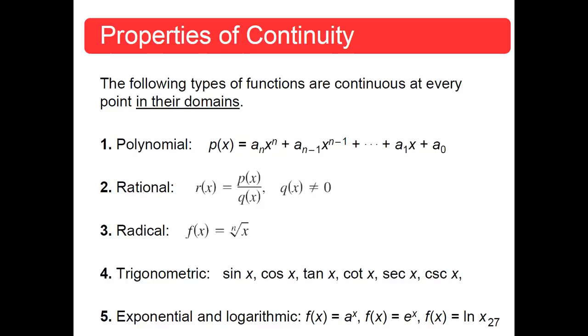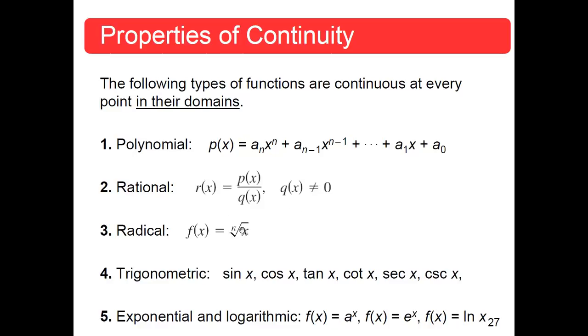Those are all continuous, and you're adding or subtracting them, and so that's still a continuous function. Rational functions are continuous as long as the top is continuous and the bottom is continuous, and of course the bottom's not equal to 0 at a certain point.